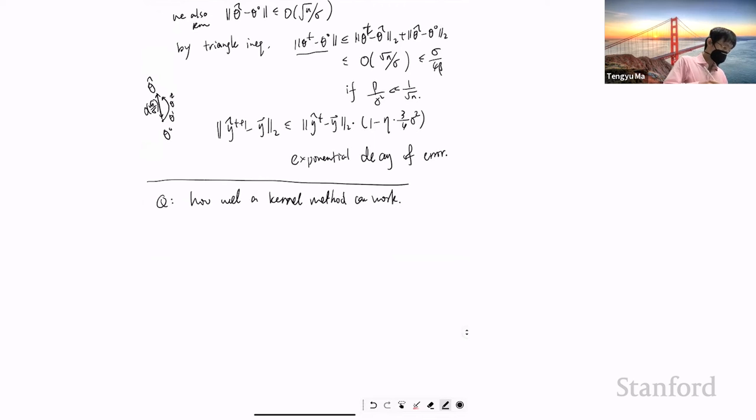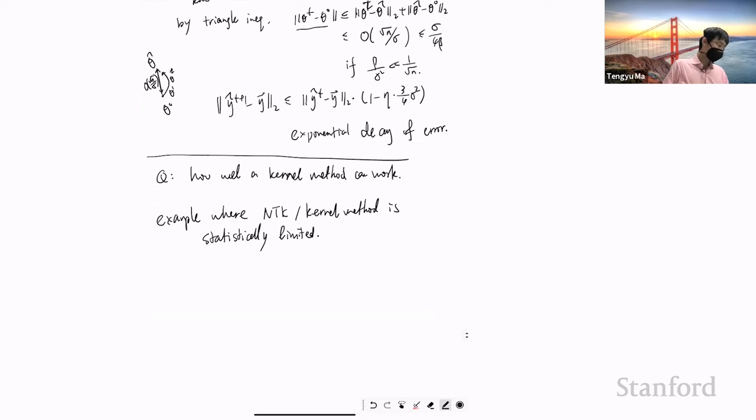So I guess this is an example where NTK, or any kernel method, is statistically limited.